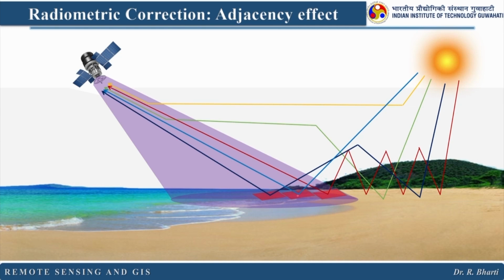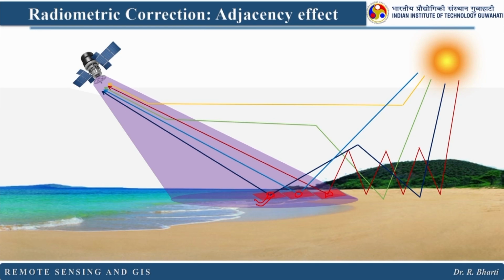The energy which got reflected from this particular position or this particular position may get changed with each other. We are talking about a particular wavelength, right. So, in a particular wavelength there is a possibility that the next pixel target will illuminate more or less, and that may get mixed with my target pixel. So, this is the problem from adjacent pixels.